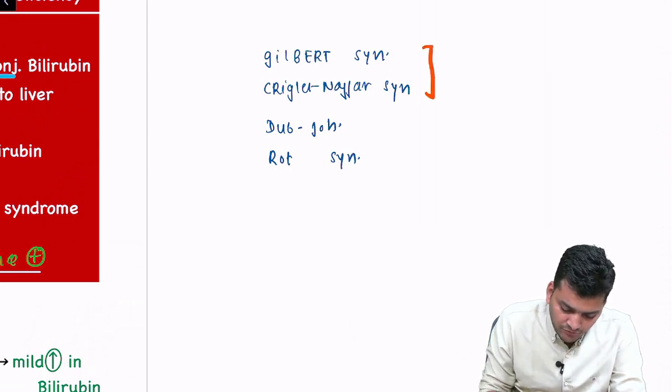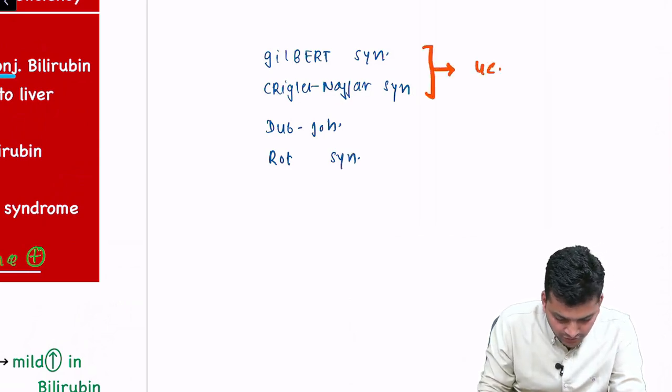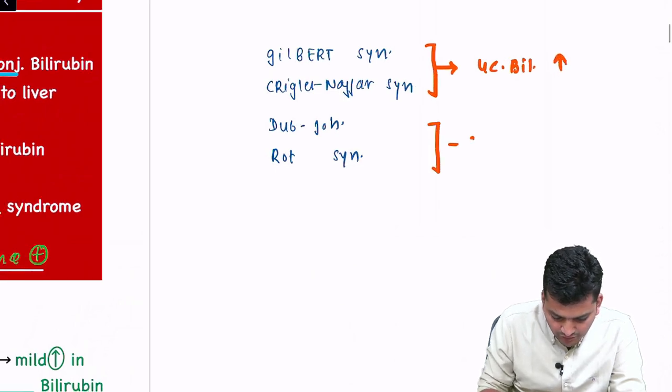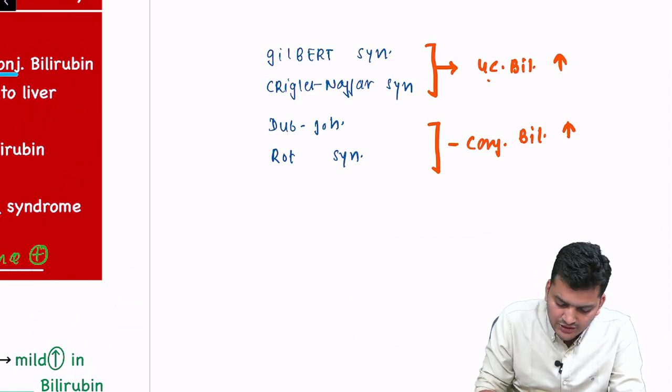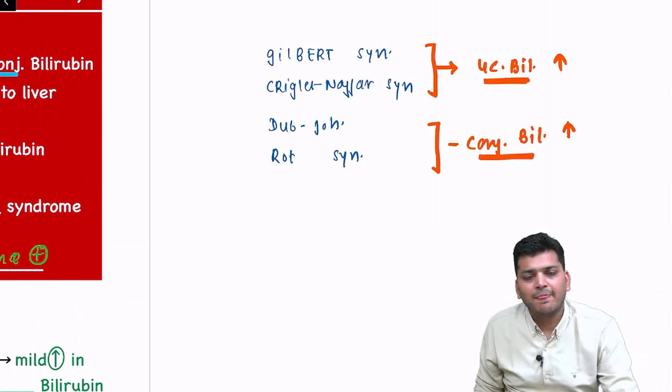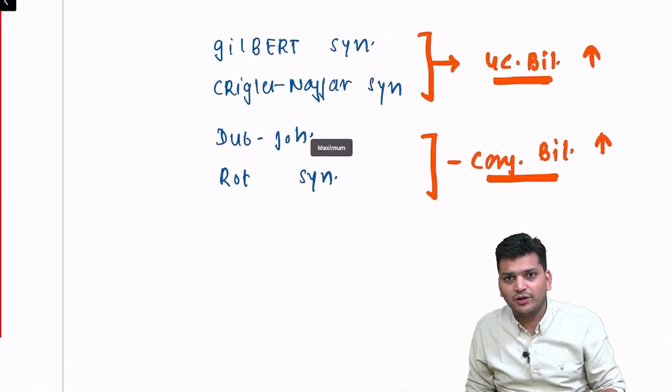In the first 2, unconjugated bilirubin is going to increase, and in these 2, conjugated bilirubin will increase. So these are the unconjugated hyperbilirubinemias and these are the conjugated hyperbilirubinemias. So this was one question that came in your exam.